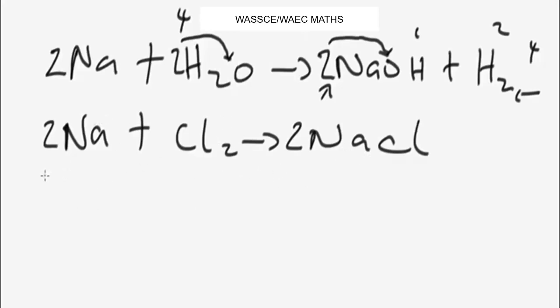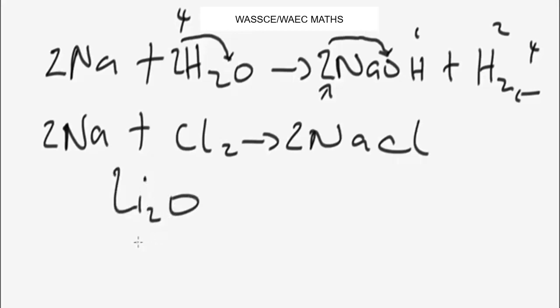Now lastly, let's look at the reactivity of group 1 elements with oxygen. What will be the output? Now note that when group 1 metals react with oxygen, they will form a metal oxide. The type of oxide they will form will be different depending on the group 1 metal. For instance, when lithium reacts with oxygen, you're going to have lithium oxide.